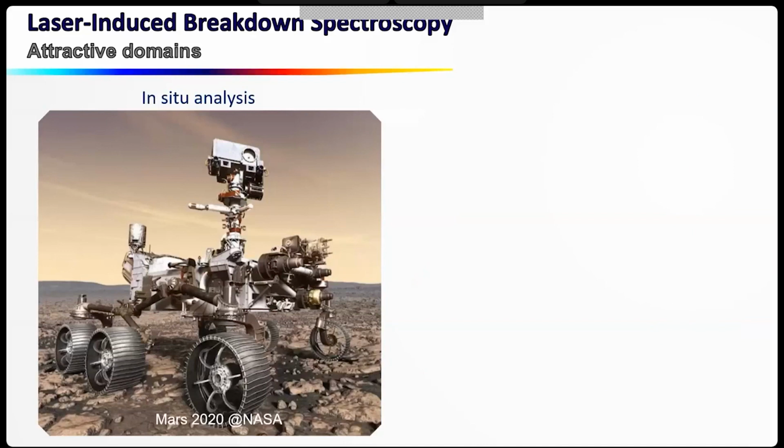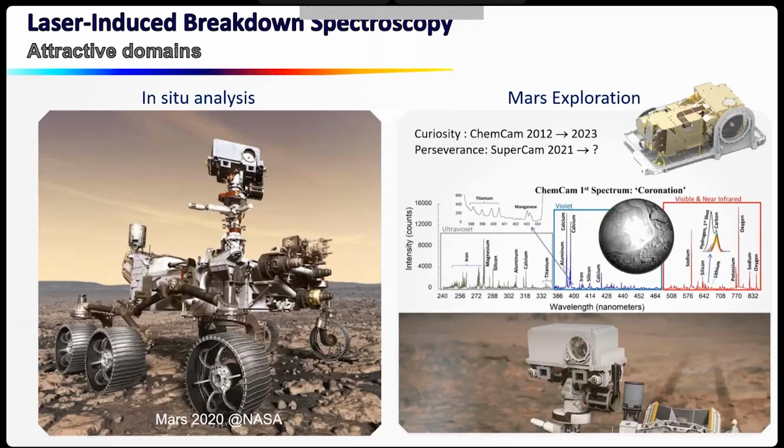So the question was where we could bring LIBS. In my point of view, there are two highly attractive domains for LIBS. The first one is in situ analysis, like I showed with the Mars mission of NASA.